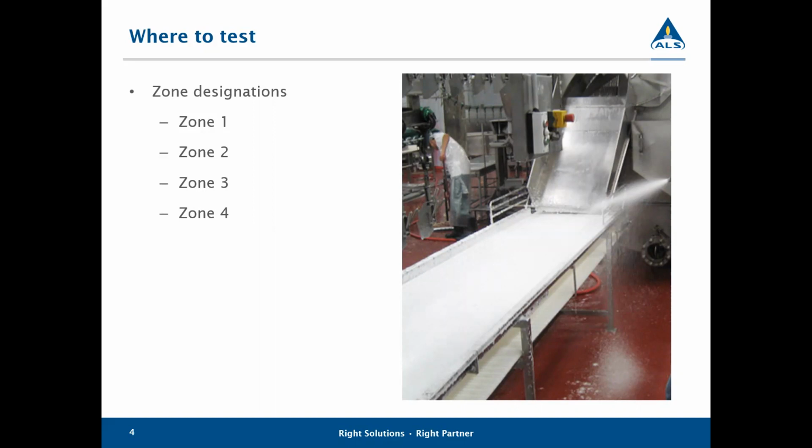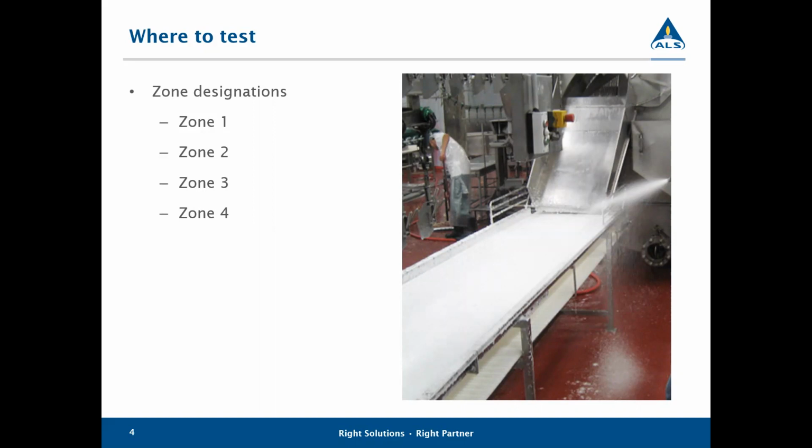It's any equipment that has direct contact with food products. The types of locations associated with this could be your filling machines, product molds, extrusion equipment, tanks, lines, hoppers, or any other equipment that has direct contact with the food.